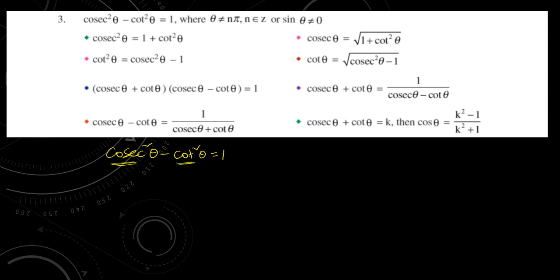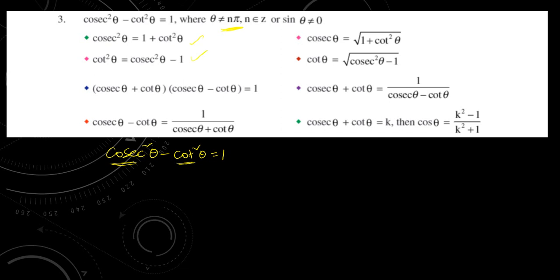That means these are not defined for multiples of 180 degrees, right? So cosecant squared theta minus cot squared theta is equal to 1. These are not defined for multiples of 180 degrees, hence other than those, these identities are applicable. Next, the remaining things, you can clearly understand how we obtained them from the previous identity.